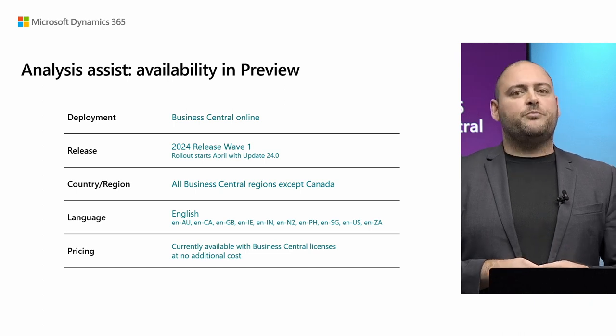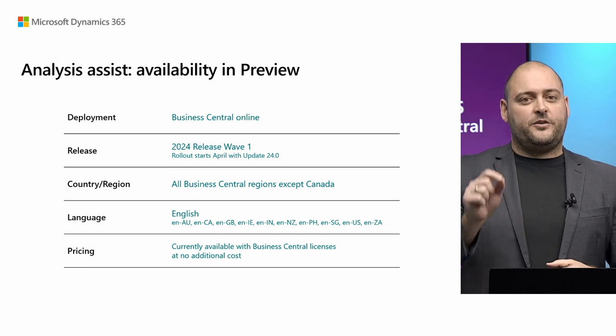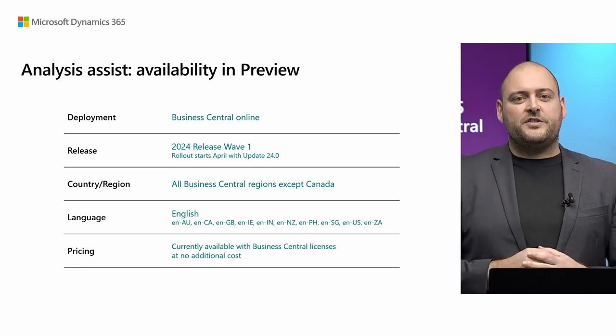It's also available in preview in English language only, so you'll need to make sure that your user settings indicate that you're running with one of these languages on screen. And finally, one of the very common questions that we get: how much does this cost? Well, at this stage, Copilot is available with your Business Central license at no additional cost.